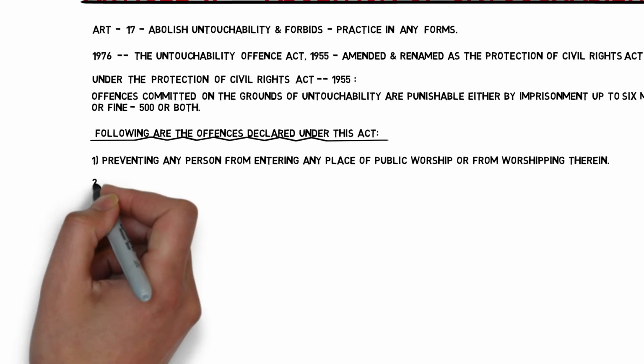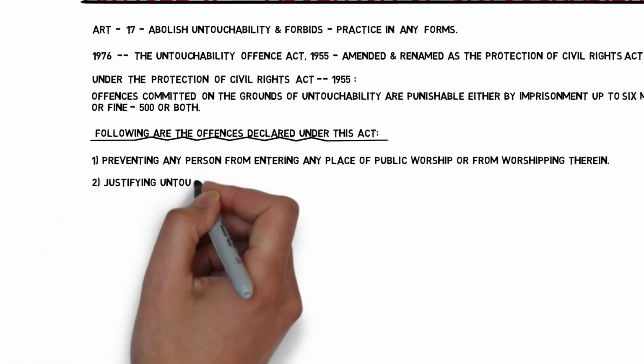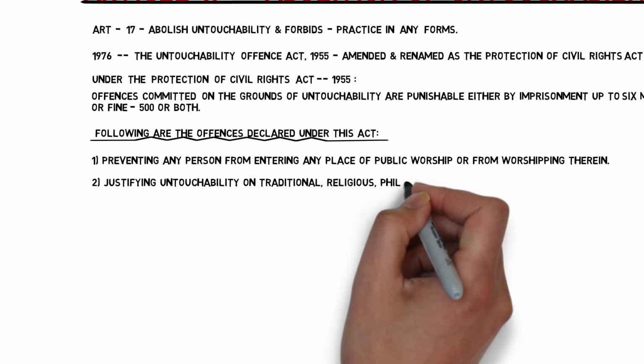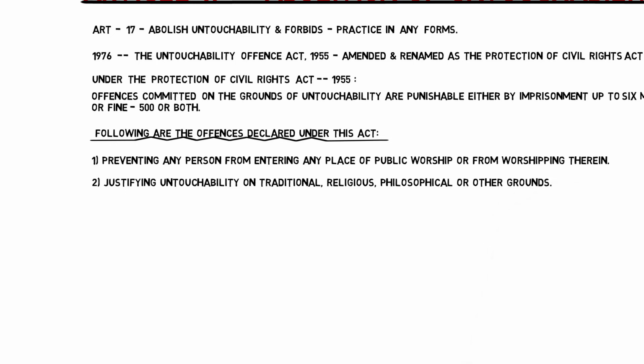Then we have the second offense, justifying untouchability on traditional, religious, philosophical, or other grounds. So if any person justifies untouchability under so-called traditions or religion, or under some kind of philosophical influence, then such a person again can be penalized and punished under this Protection of Civil Rights Act 1955.